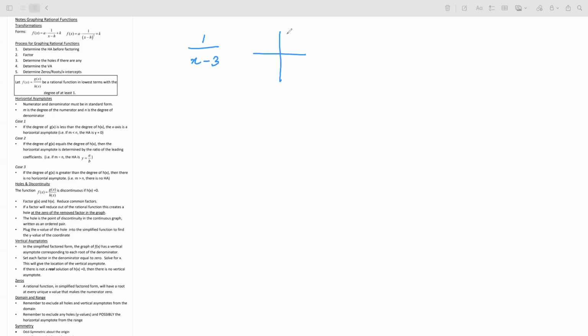For this graph, what type of translation is it? It is 3 units to the right, right? So what happens if it moves 3 units to the right?